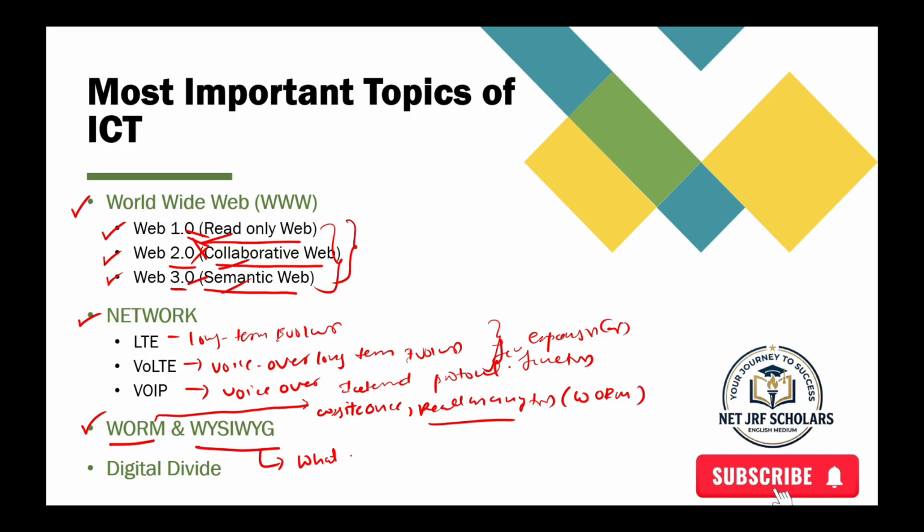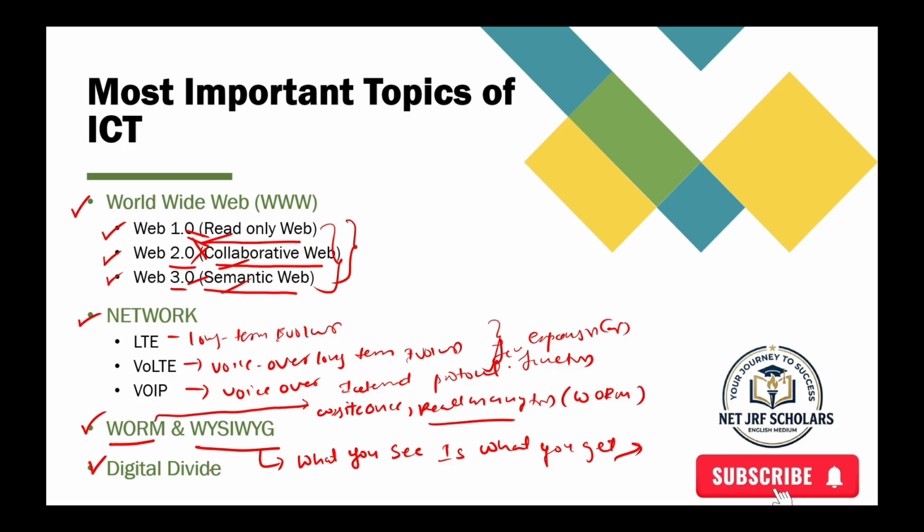It is nothing but What You See Is What You Get. It means that whatever you see on the screen is what you get when you take a print. So that is What You See Is What You Get.